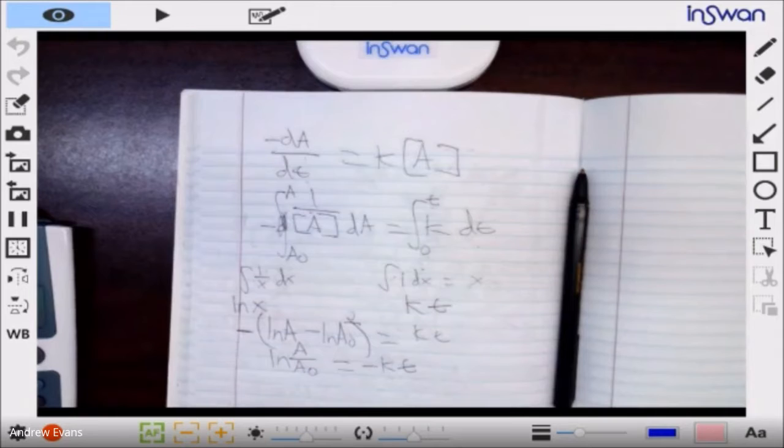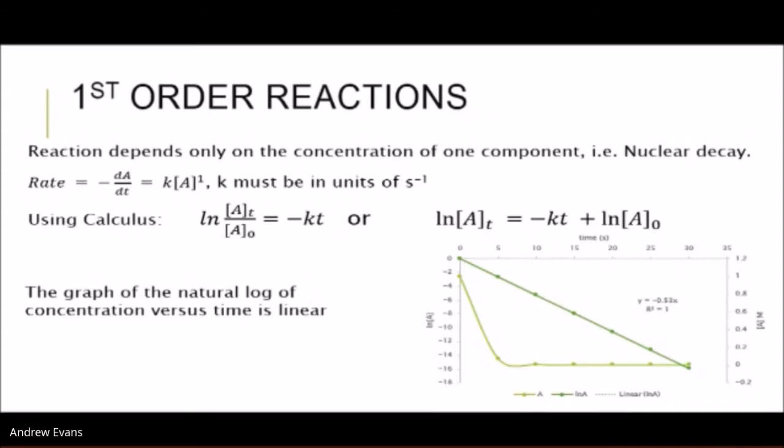You don't have to have calculus to do this. Okay. So essentially we get this equation, ln a sub t over a sub 0 equals negative kt. That's the magic first order integrated rate law, or IRL, that we'll use for every first order reaction.